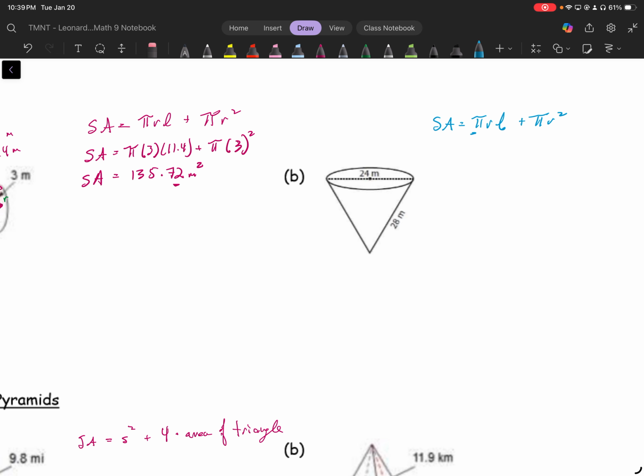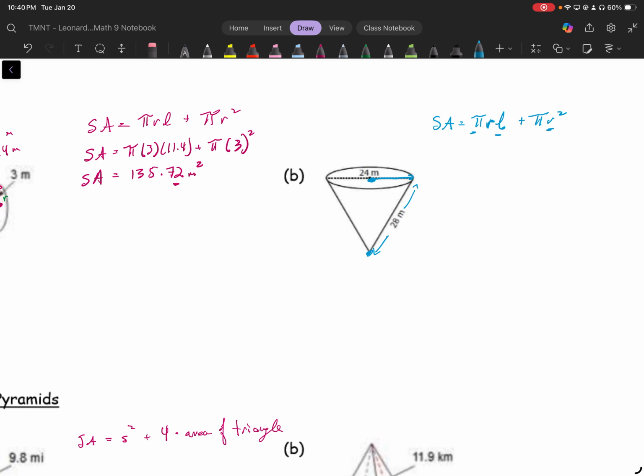But try to use the pi button on your calculator. R is the radius. It is the distance from the center of the circle or the base to the edge. L is the lateral distance from the point to the base of your cone. So pi is a constant that we already know, and r we will determine.